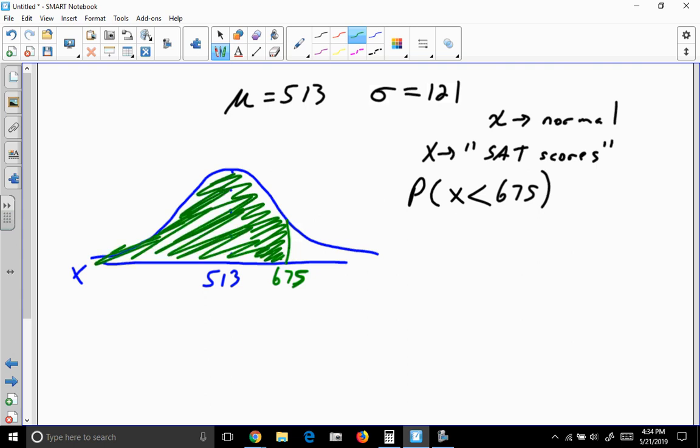We need to convert that to a Z value. So what Z corresponds to 675? Take our data value minus the mean, divided by the standard deviation. So X minus the mean over the standard deviation.